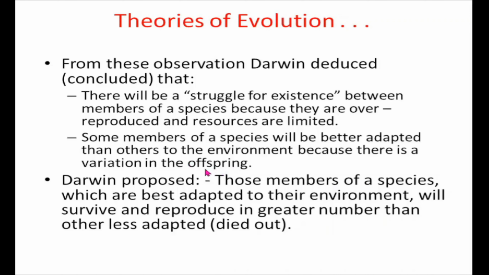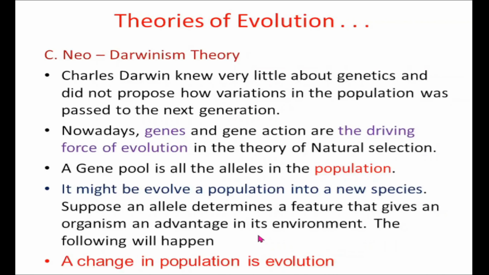Darwin proposed that members of a species best adapted to their environment will survive and reproduce in greater numbers than the less adapted, which will finally die out.